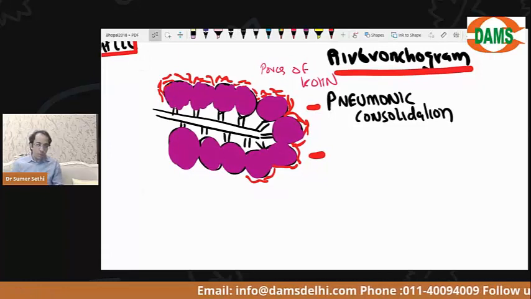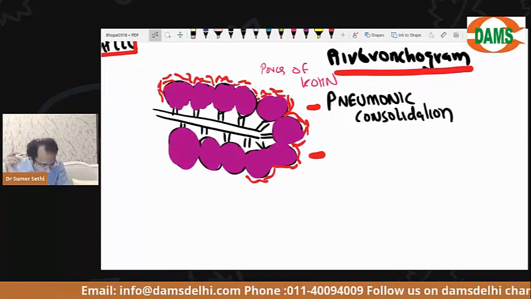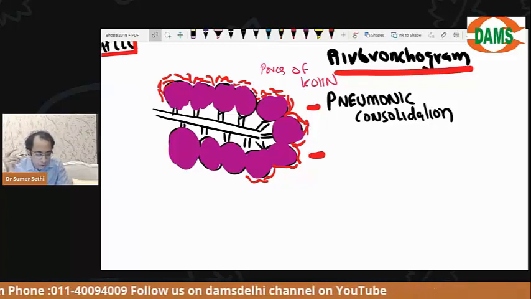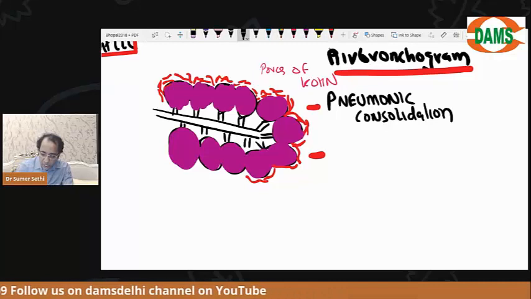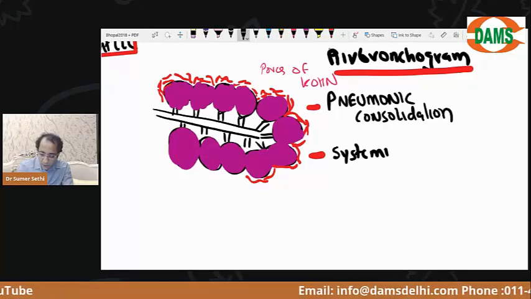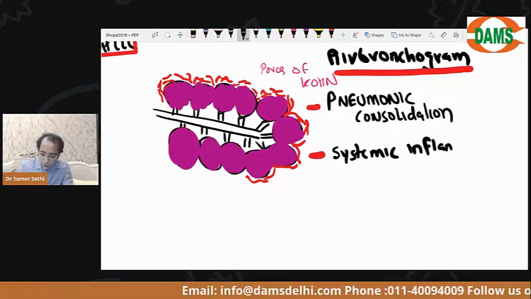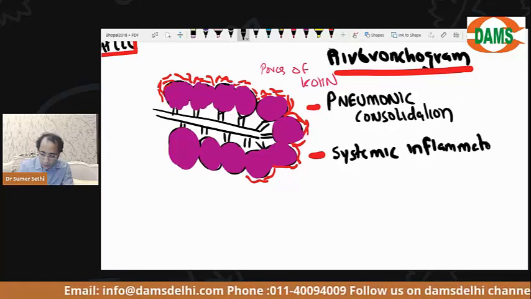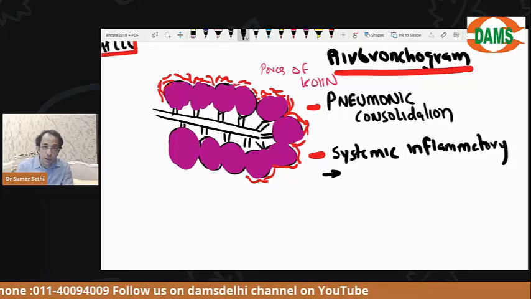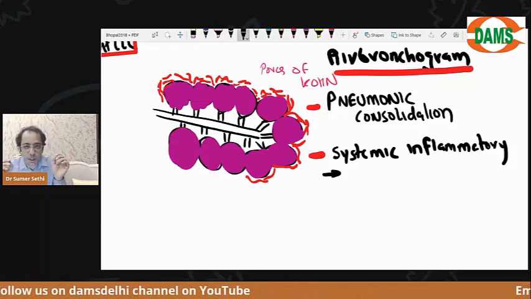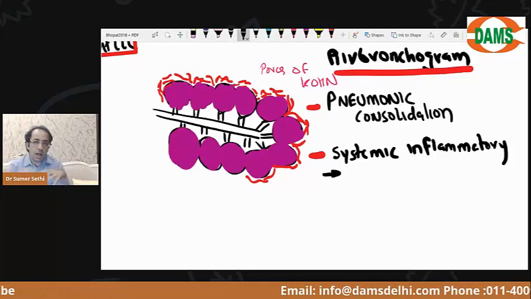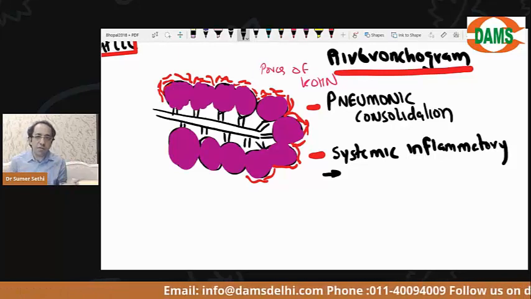Now, some of you might have heard that in COVID infection also, or in pancreatitis also, in systemic inflammatory diseases, any disease which leads to a massive systemic inflammatory response, can lead to the lung capillaries becoming leaky. Because of systemic inflammation, the capillaries in the lung will start leaking fluid.